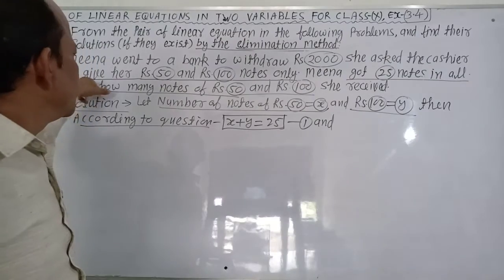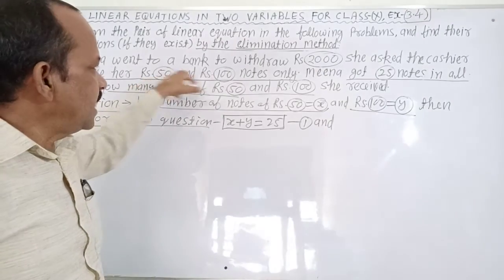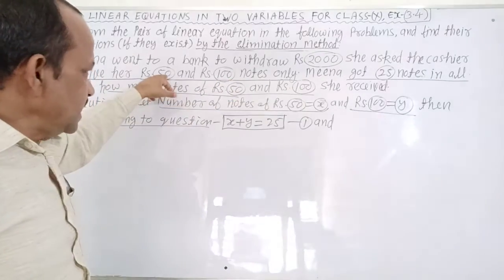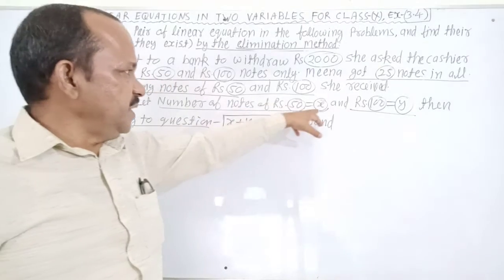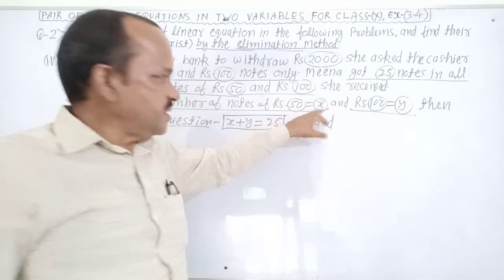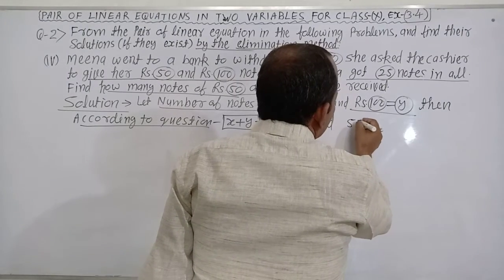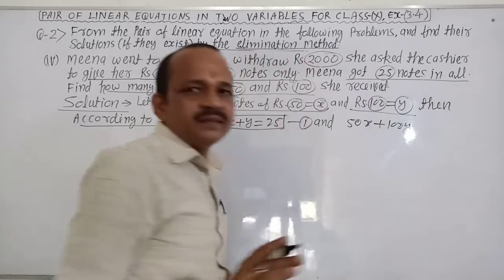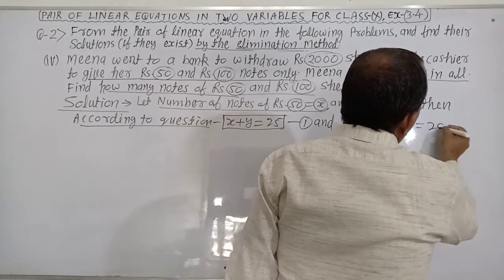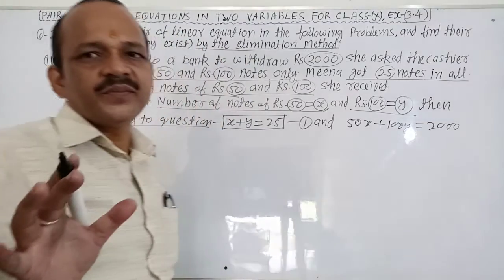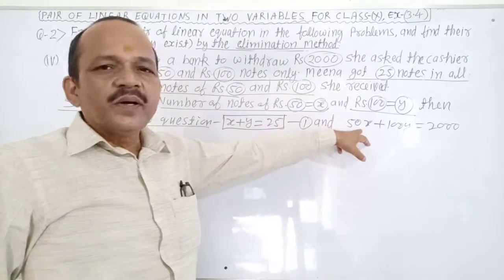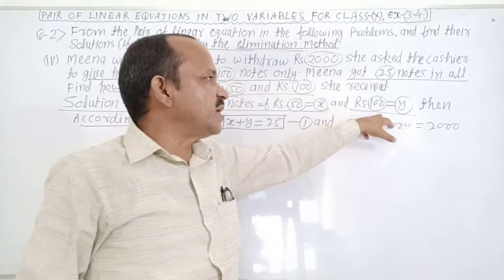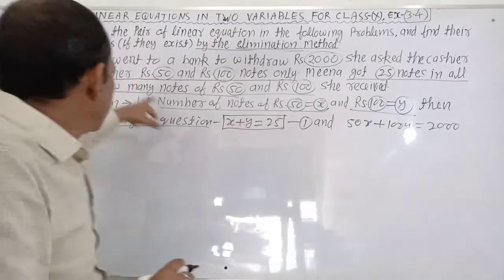And here, give her Rs 50 and Rs 100 notes only. Rs 50 note is x, it means 50x plus 100y equal to 2000. Number of notes of Rs 50 equal to x, number of notes of Rs 100 equal to y.